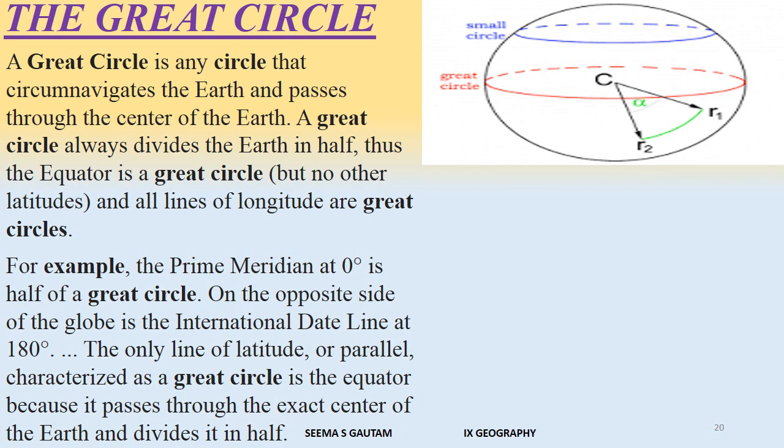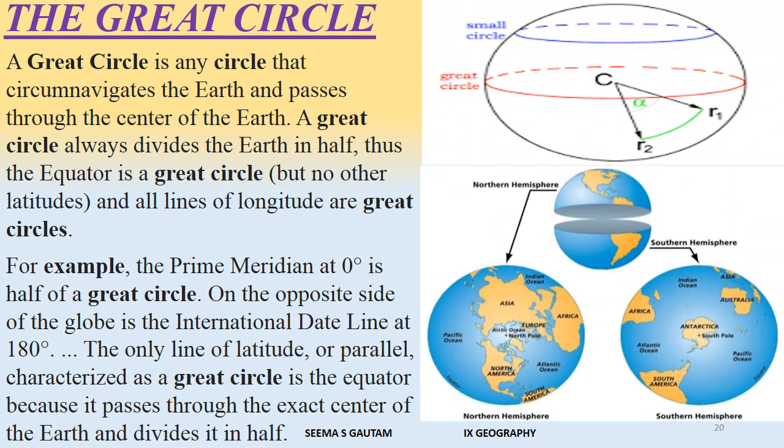It is called a great circle. The equator is the greatest possible circle, as the earth is bulged at the equator, representing the largest circumference of the earth. All latitudes except the equator are small circles because they do not divide the earth into two equal parts.